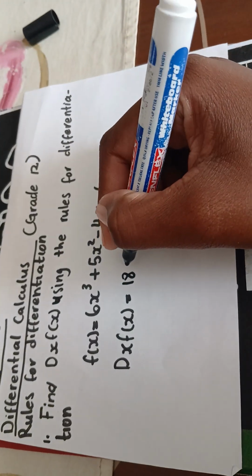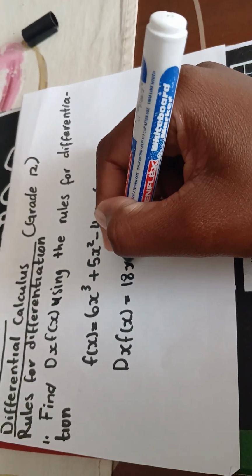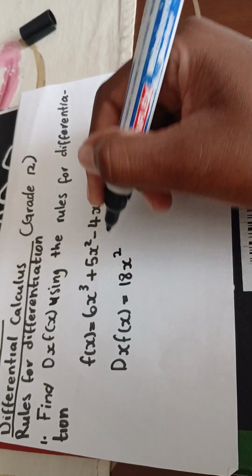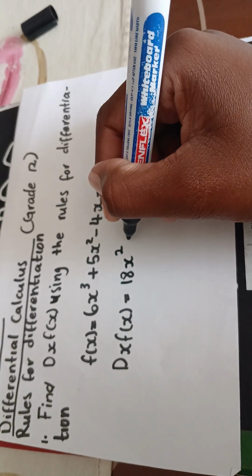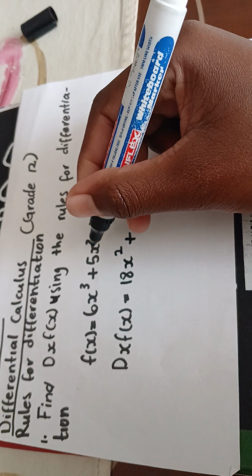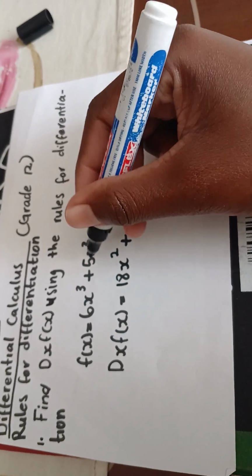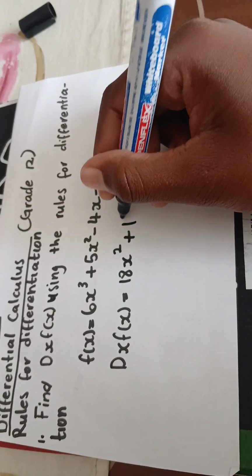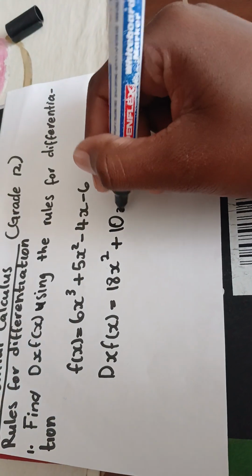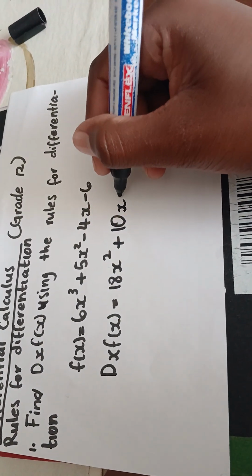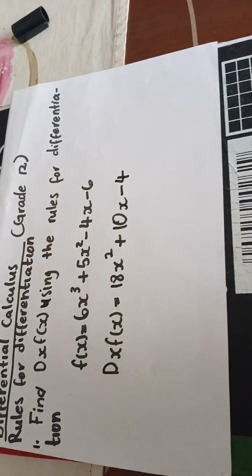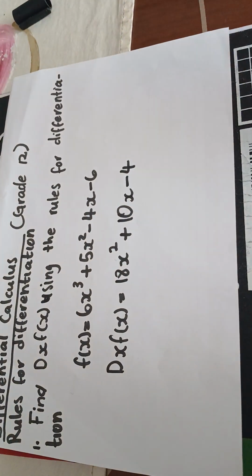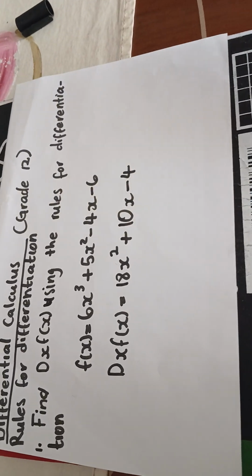And then you're going to be left with x, and as an exponent, you're going to be left with squared. I'll explain that. And then you add your 10, because you're going to be saying 5 multiplied by 2, which is going to be 10, and then your x as it is, and then you just say minus 4. So right now what's happening here is that you've differentiated, you're done. If it was for 2 marks, you'll get your 2 marks.